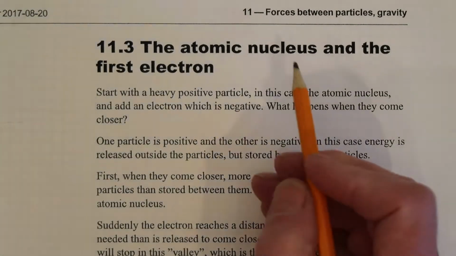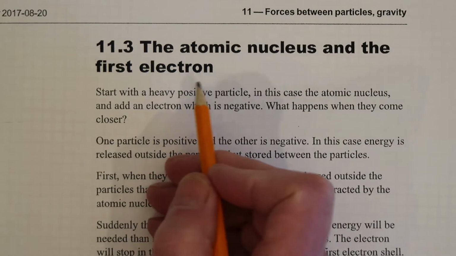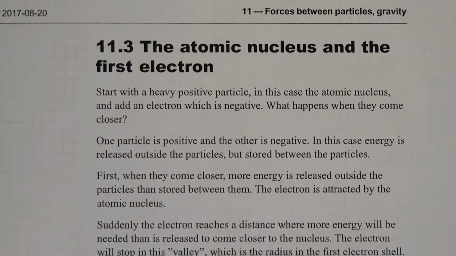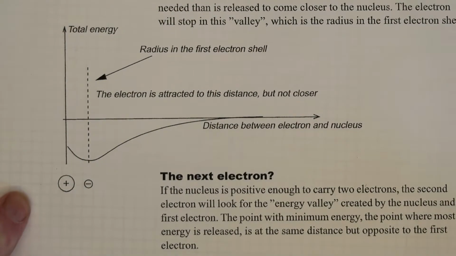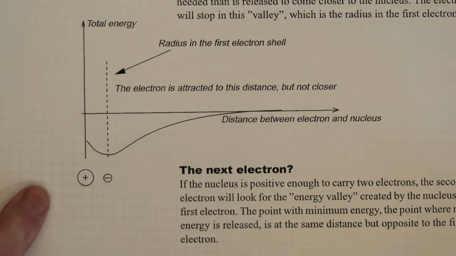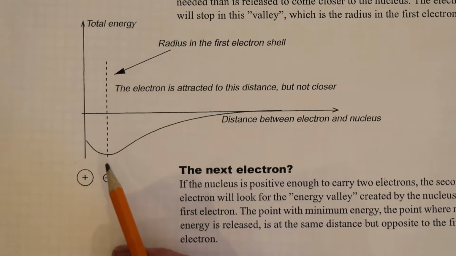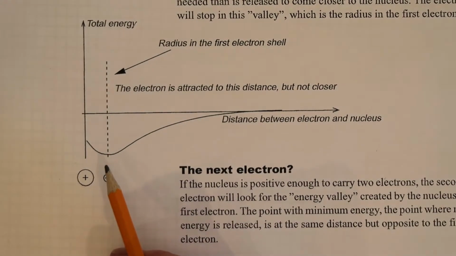When we take the nucleus and add the first electron, the positive nucleus, and add the negative electron, we will get a diagram like this, inverted compared to the first one.